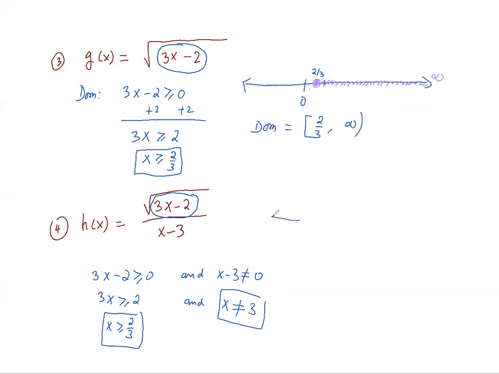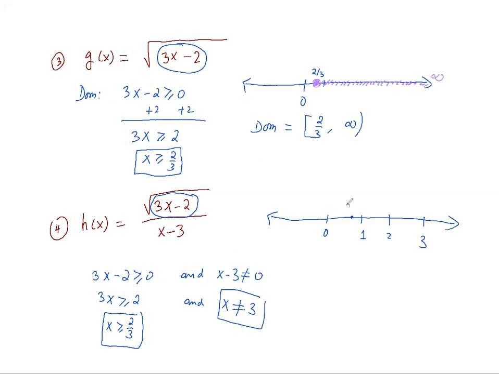Okay, so let's draw the number line, and label these points. We got 0 here, and we got 1 here, 2, 3. I'm going to highlight only the points that we need. 2/3, somewhere here is the 2/3, and 3. So let's highlight those points. For 2/3 there is an equal sign, so we're going to include it.